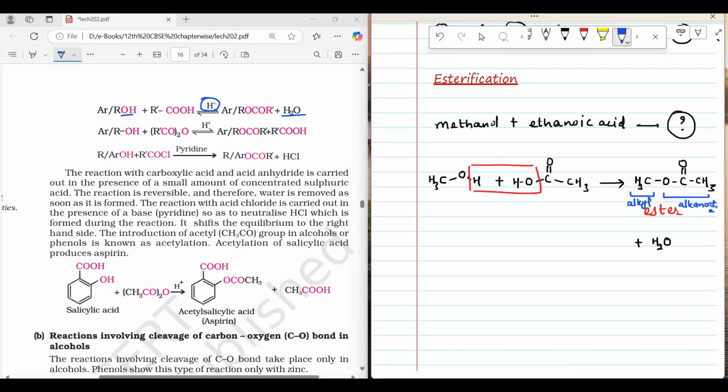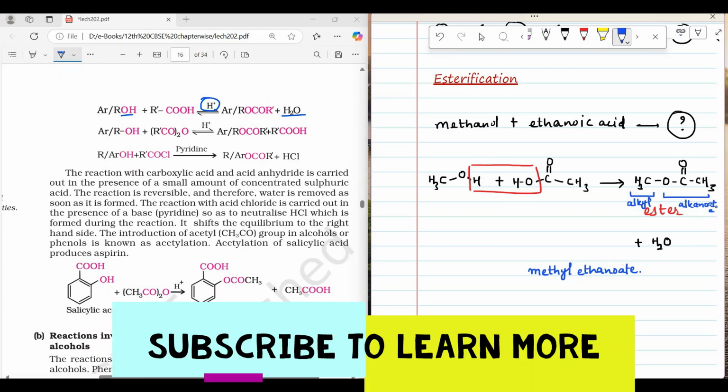So the name of that ester will be methyl, and the rest, the alkanoate part, contains two carbons. So the alkanoate part will be ethanoate. So the name of this ester will be methyl ethanoate. This is the IUPAC name for an ester, alkyl alkanoate.